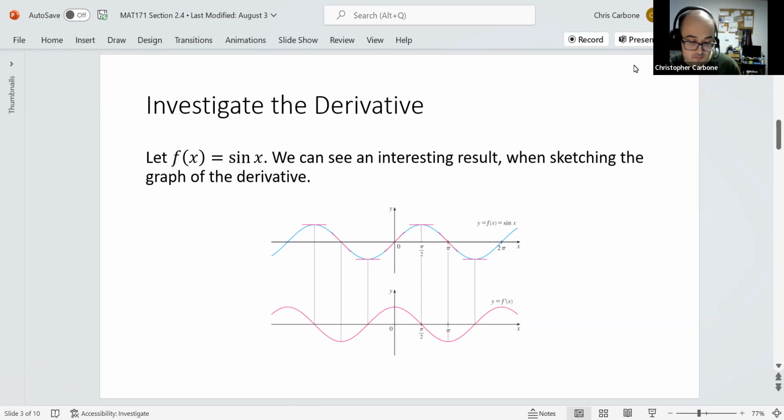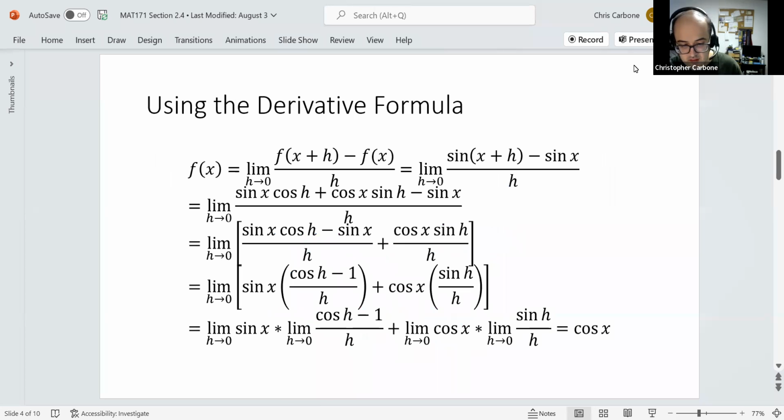We could correspond that to this graph on the bottom, which looks very similar to that cosine of x graph. But we could also pop it into our derivative formula to get that same result.